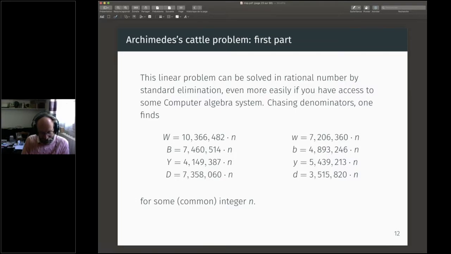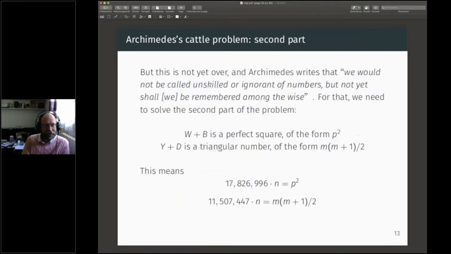And that's the first part of the problem. And Archimedes says that, okay, if you do that, you would not be called unskilled or ignorant of numbers, but not yet shall you be remembered among the wise.